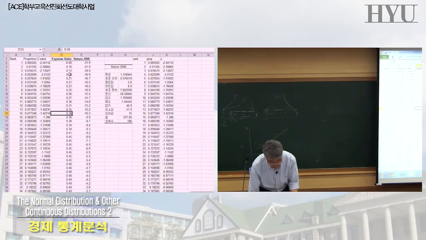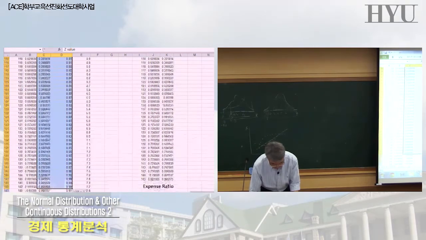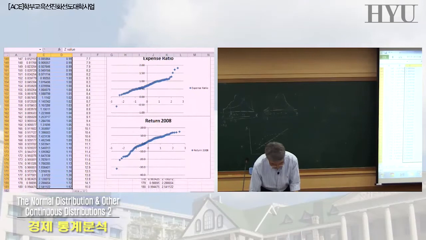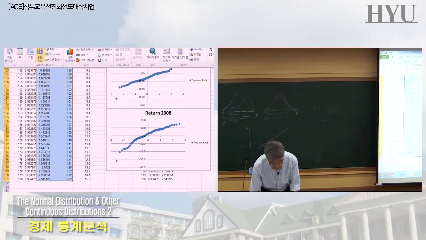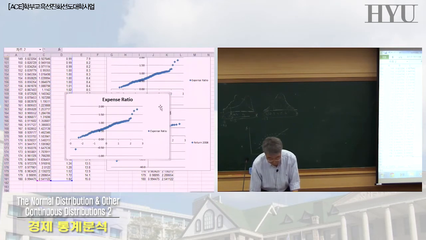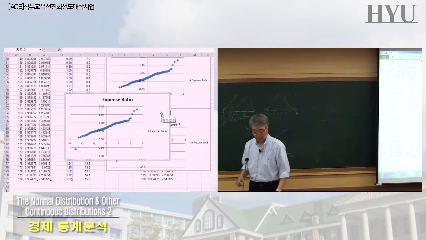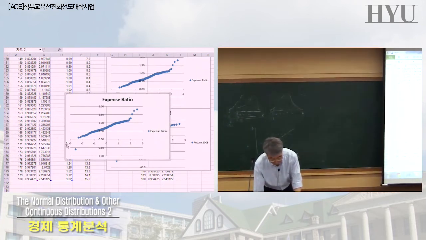Let me just highlight these 2 columns first. Okay, and then say insert, scatter. There we go. So on this graph, what's at the bottom here, from -3 to +3, that's obviously z-score.